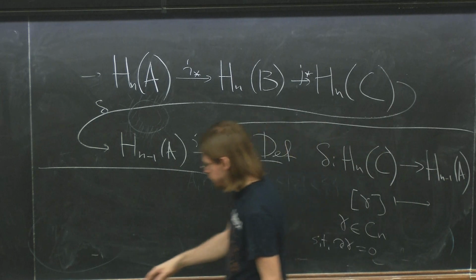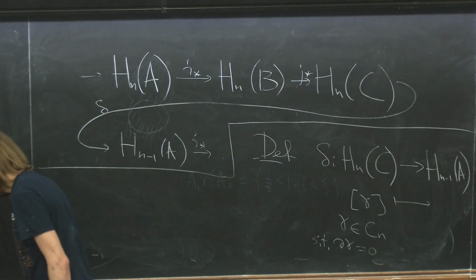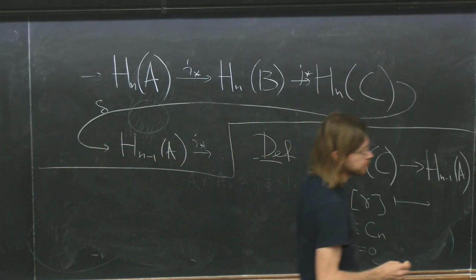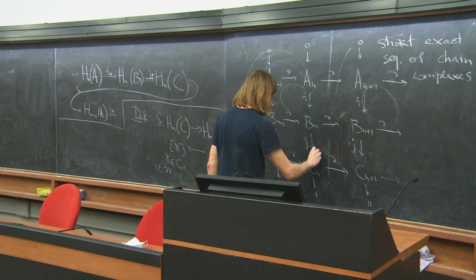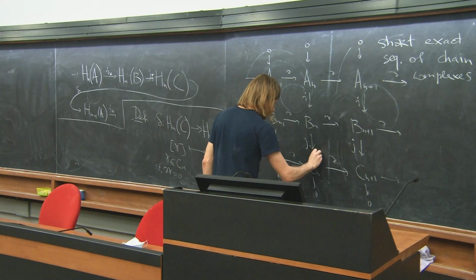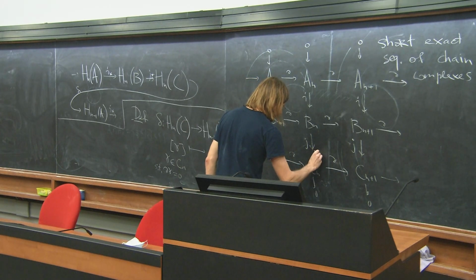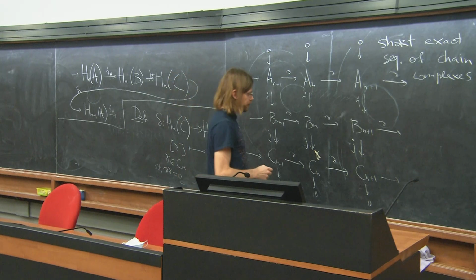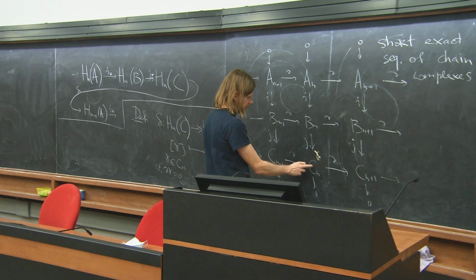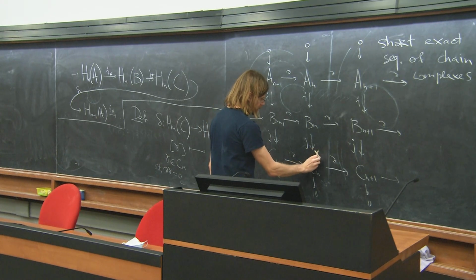we have a gamma living in this place here. Right, and because it represents some element in homology, it's some element of Cn.